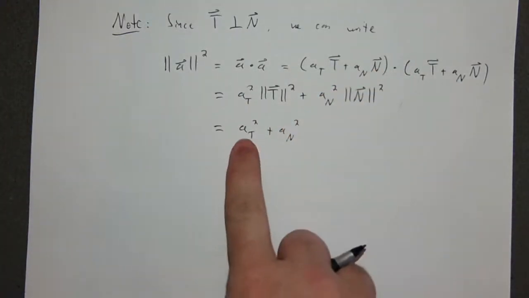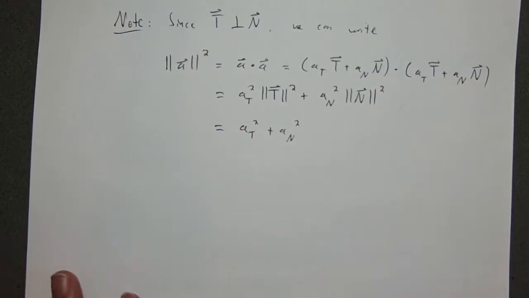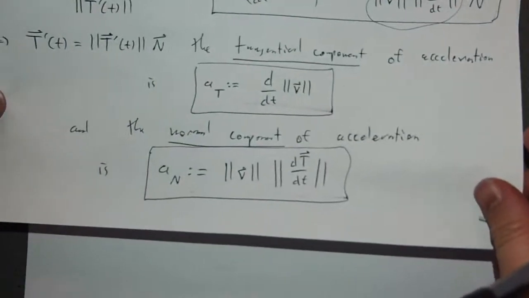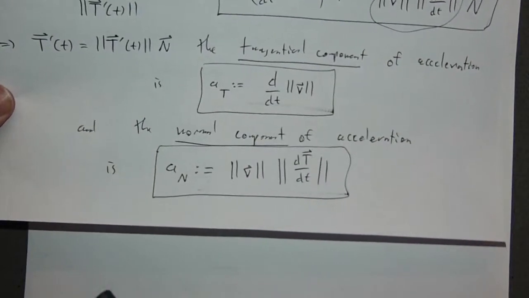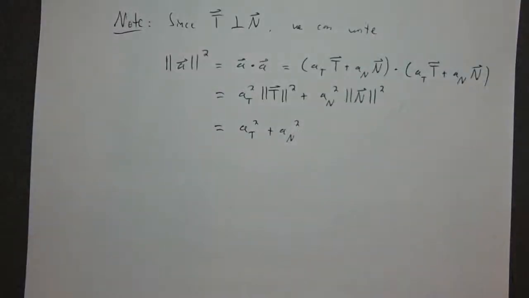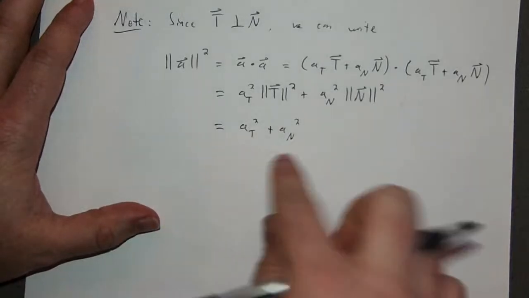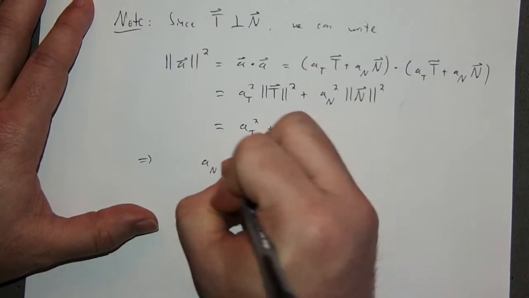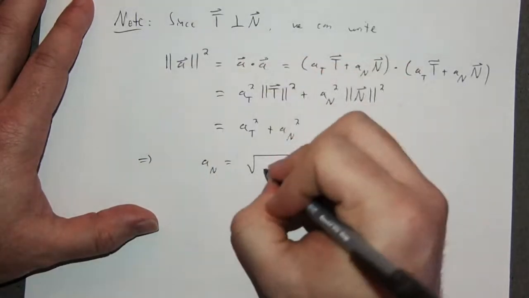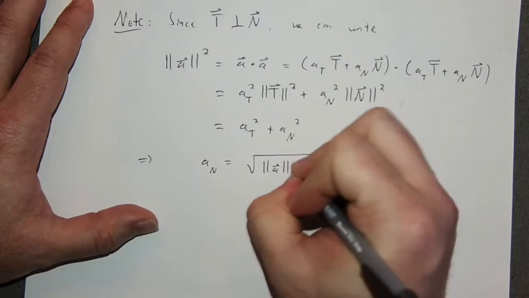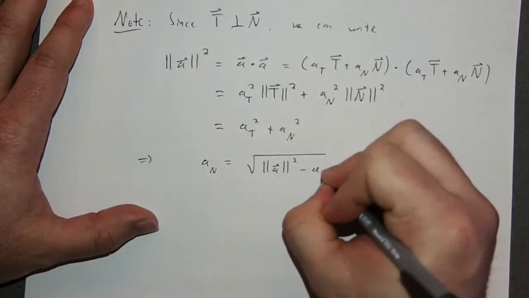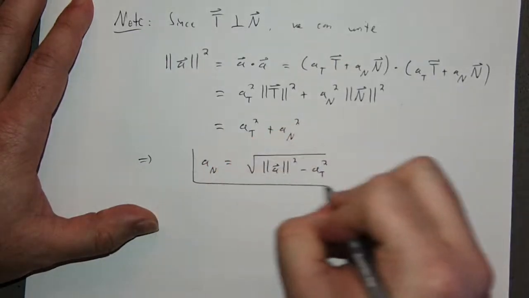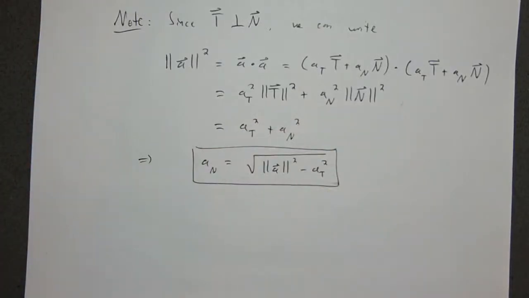So if you know the tangential component, which is easier to compute, bringing those formulas back real quick, so if you know a sub T, rather than computing this, another way that you could compute this is the following. You can actually solve for a sub N here. So a sub N is going to be the square root of the length of a squared minus the tangential component of acceleration squared. So this is another way that you could compute this normal component here.